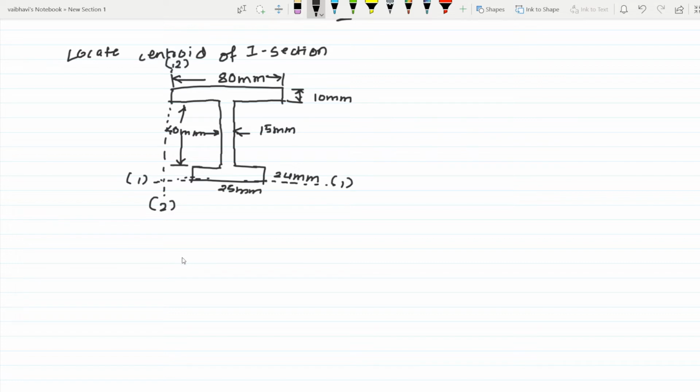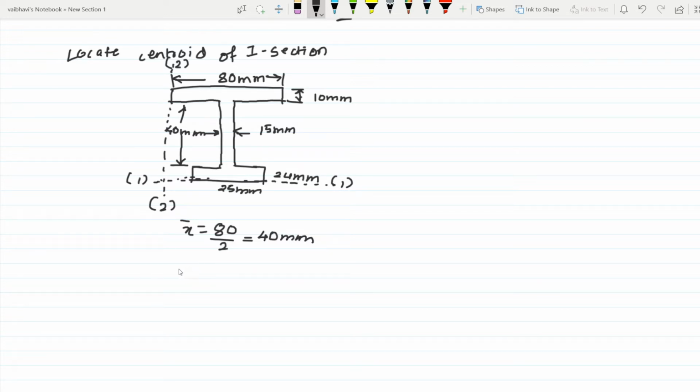If we draw a center line about the center of this web portion, again it can be divided into two mirror images, right? So directly we can write the x bar value, that is x bar is equal to 80 by 2, that is 40 mm.